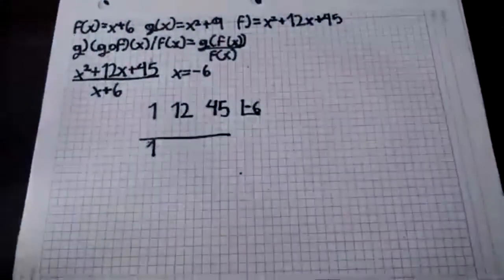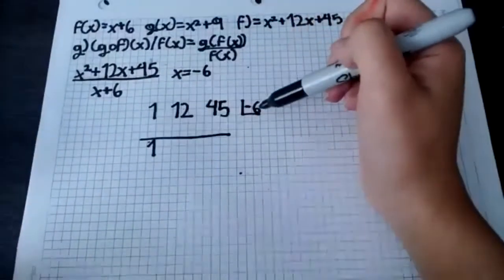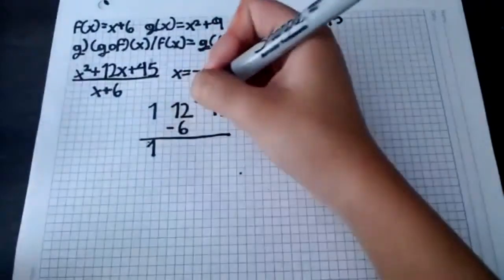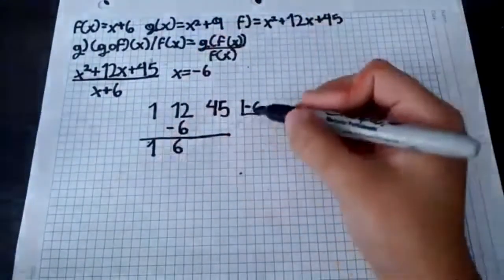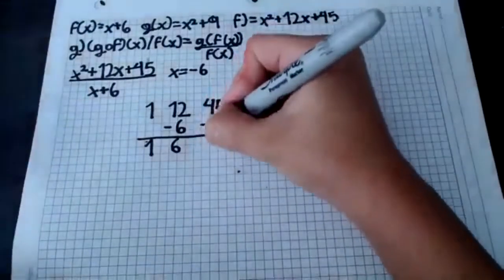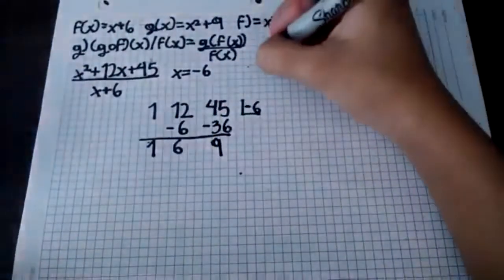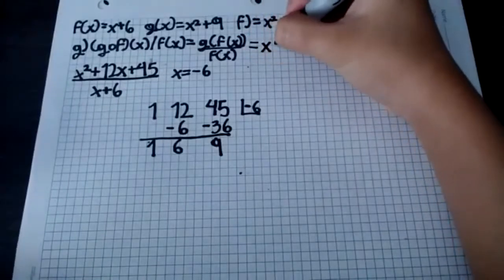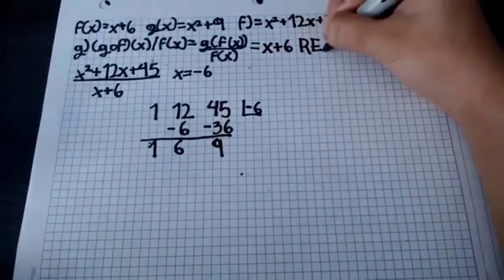And we multiply 1 times negative 6, and it'll just be negative 6. Now 12 minus 6 is 6. We multiply 6 times negative 6, and it is negative 36, and as a result it is 9. So the final result of all this is x plus 6, and as a reminder, we got the 9.